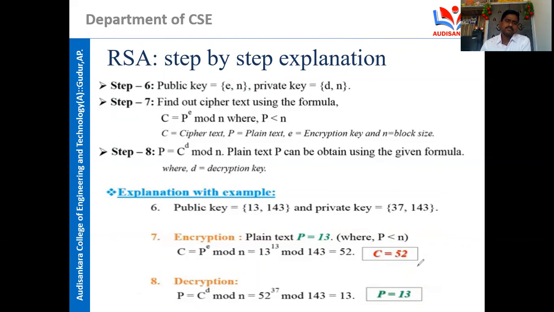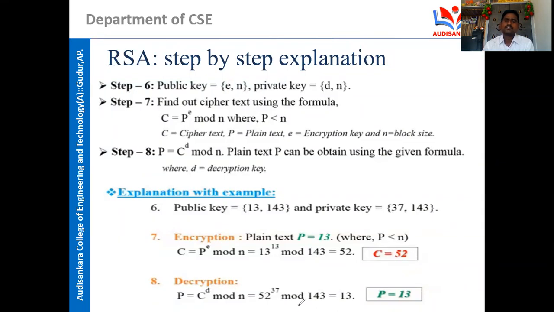The 8th step is for performing the decryption, that is P is equal to C power D mod N. The plain text P can be obtained using this given formula, the decryption key. See here, P is equal to C raised to D mod N. What is C? Just now we calculated 52. 52 power D value, which is 37, calculated in the fifth step.